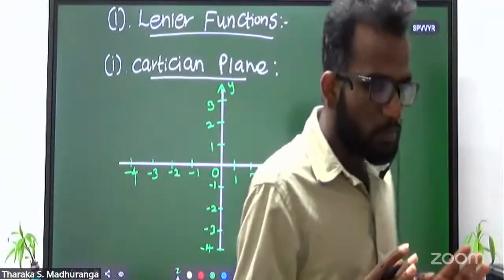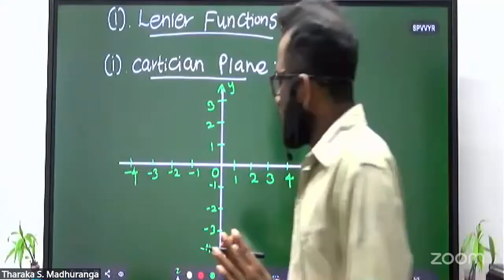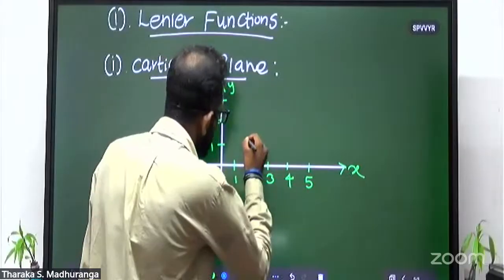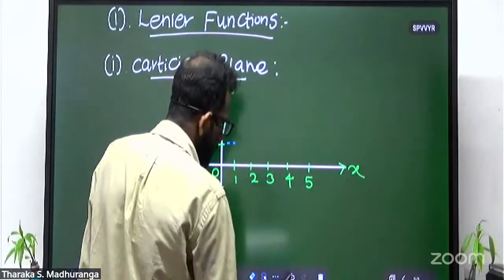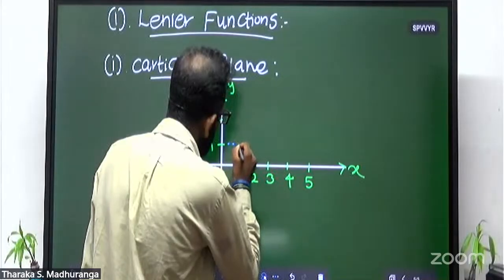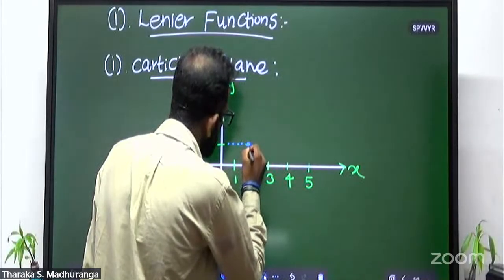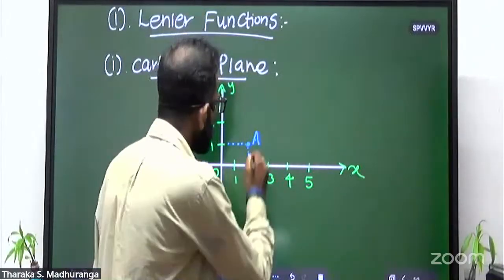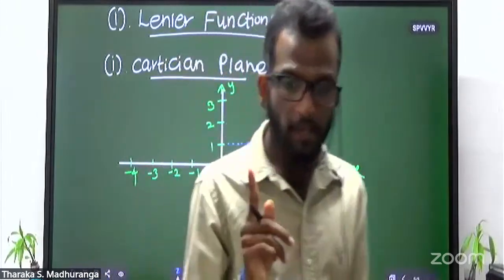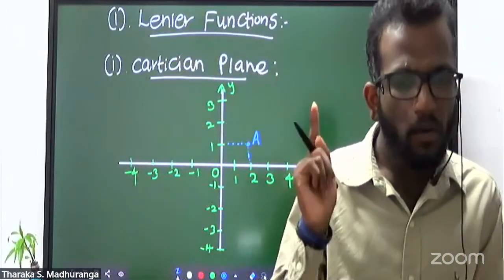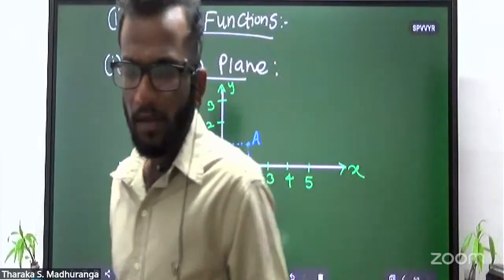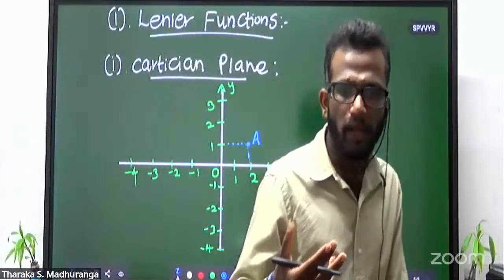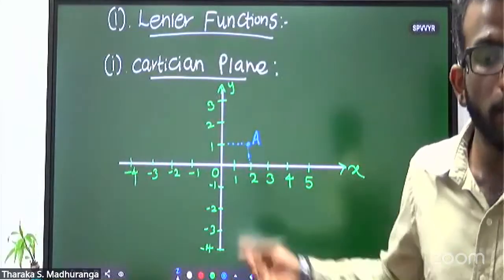Okay. Now, if I get any point on this Cartesian plane, think this is a point on this Cartesian plane, that is A. How do I write the coordinates of A? How do we explain the coordinates of the A point?